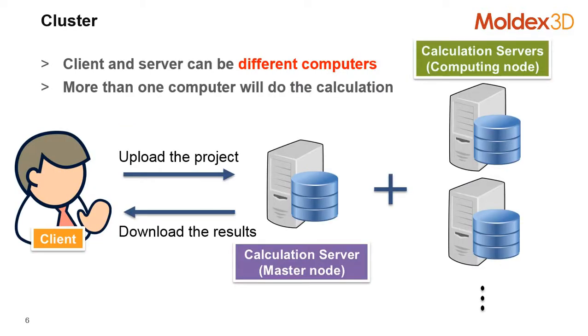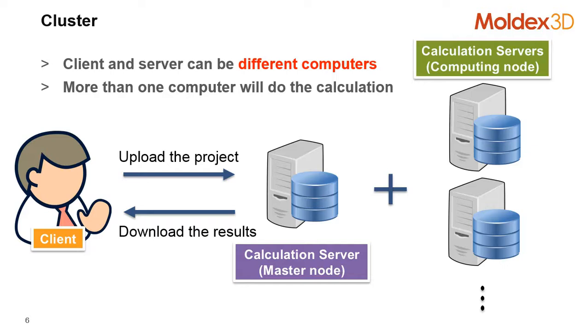And the third one is the cluster. The cluster is kind of complicated, but the idea is really simple. The client and server can be different computers. The client will finish the setup and then upload the project to one computer, which is the master node.